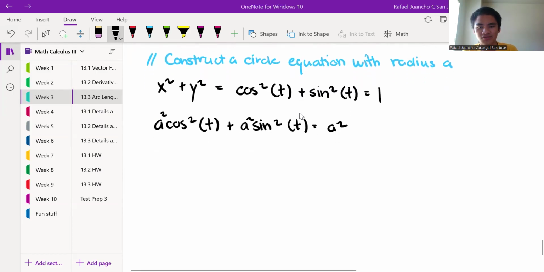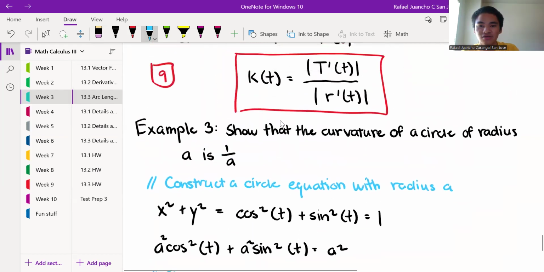And what are we being asked to do here? Now we want to parameterize this thing. We want to find a vector equation, that's r of t, because in our formula we need an r of t.